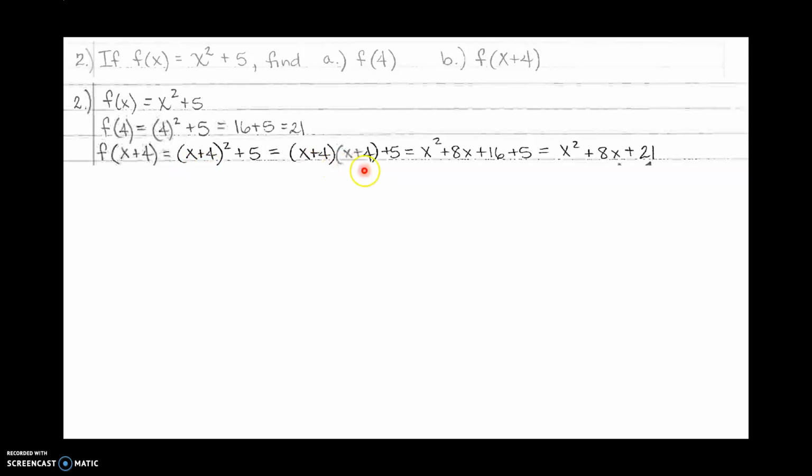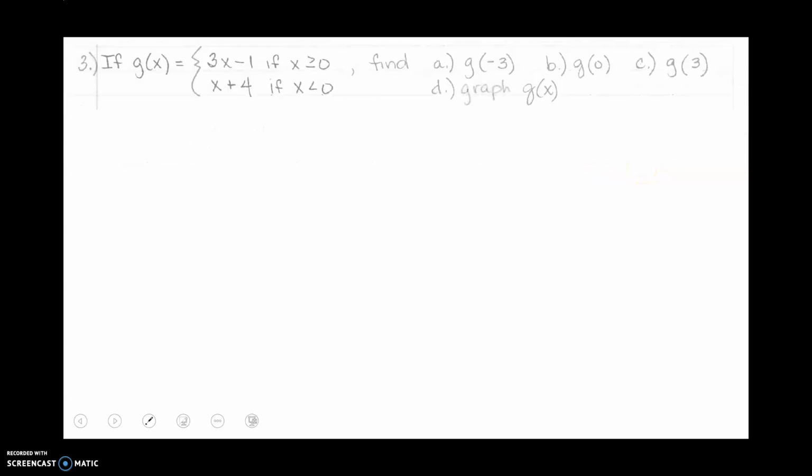So if I FOIL this out, x times x is x squared. x times 4 is 4x, and 4 times x is another 4x. So that's where we get our 8x. And then 4 times 4 is 16, and we still have our plus 5 right there. So 16 plus 5 would give us 21. And so f of x plus 4 would be x squared plus 8x plus 21.